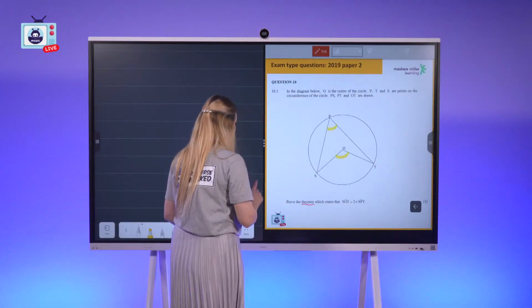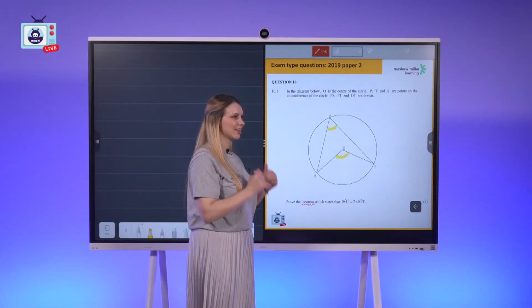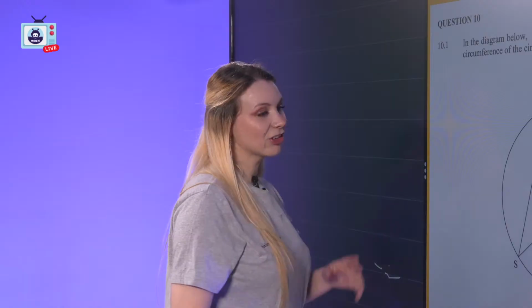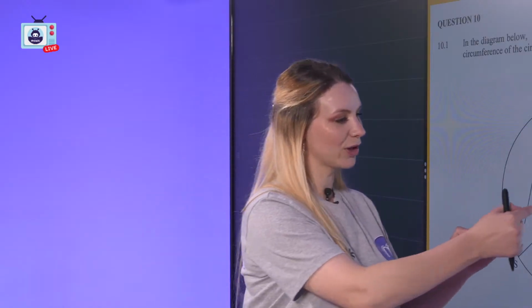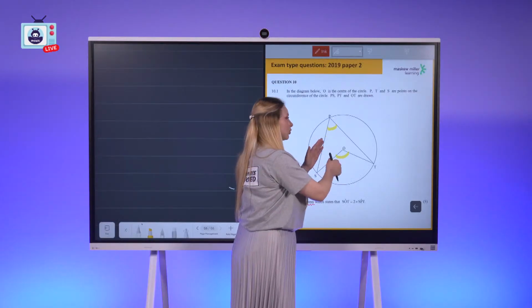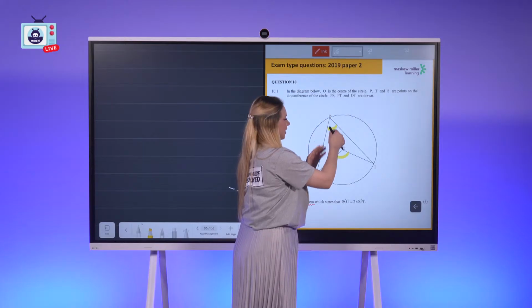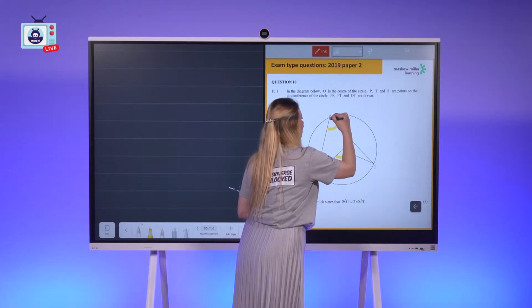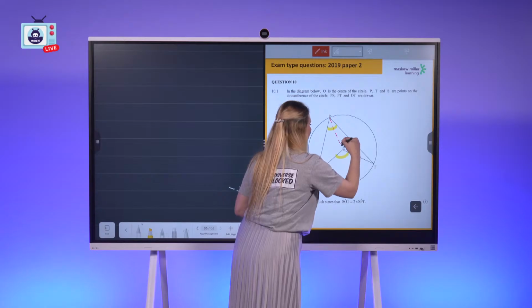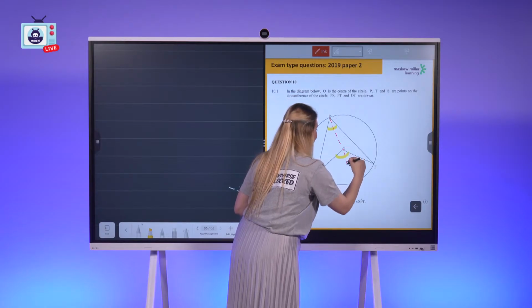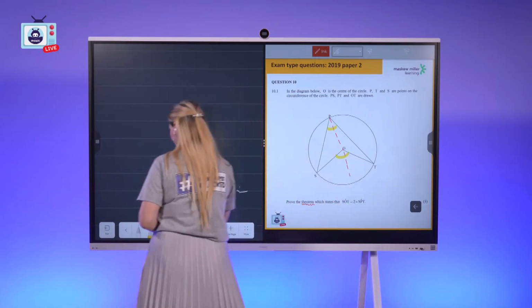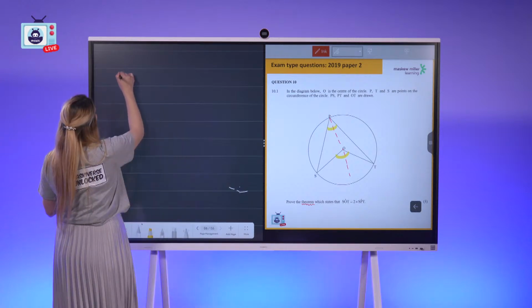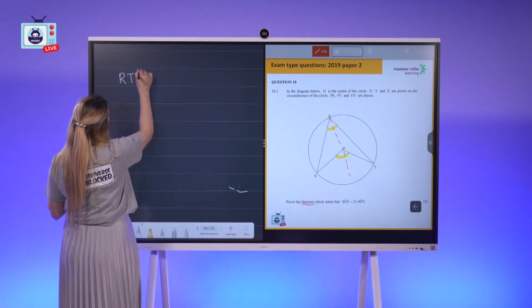The very first thing we're going to do is construct something. For each theorem, we do a construction. Because we need to prove that SOT is equal to double SPT, the construction we're going to do is draw a line through PO. What I like to do is write down what I'm required to prove, RTP.